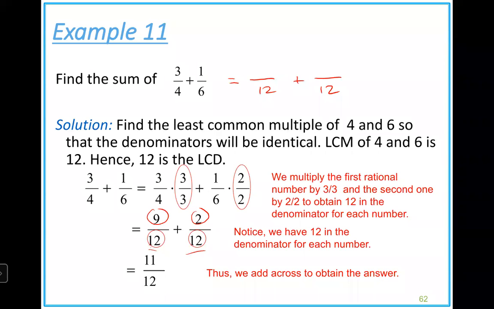You notice they have a 9 here and 2 there. Why? The 3 times 3 is 9. Okay, where did you get that 3? Why are you multiplying by 3? 3 times 3 is 9. You are correct, but why are you multiplying by 3?